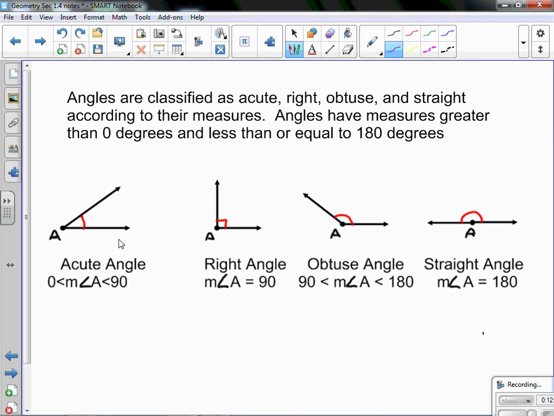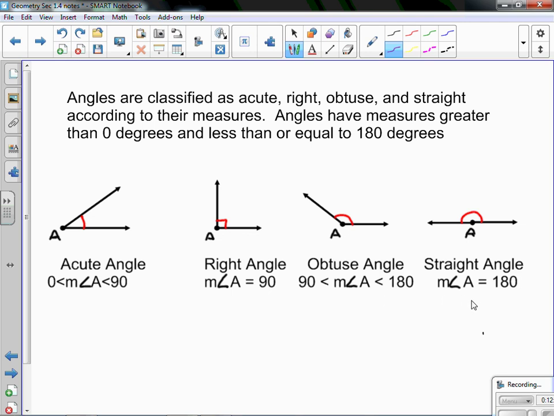So if it's an acute angle, the measure of that angle is going to be between 0 and 90 degrees. So greater than 0 degrees, but less than 90 degrees. A right angle, the measure of angle A is going to be equal to exactly 90 degrees. If it's an obtuse angle, then the measure of angle A is going to be greater than 90 degrees, but less than 180 degrees.